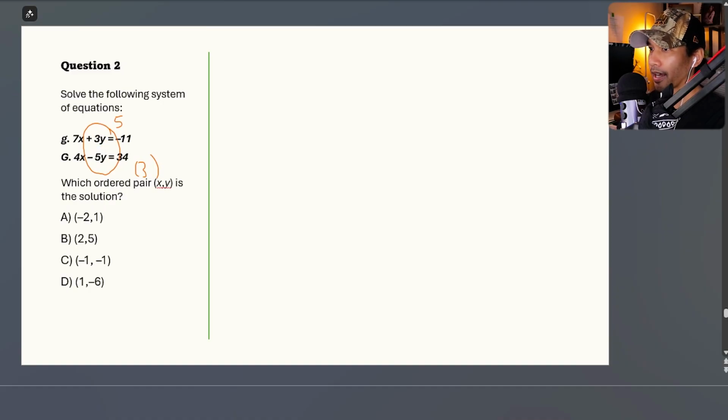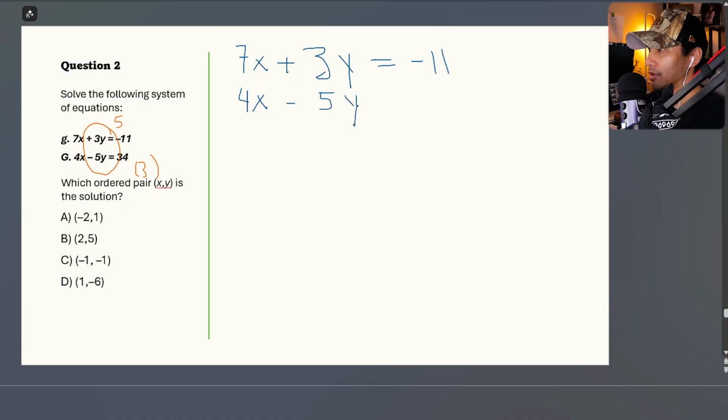So let's just work that out. Again, I would write everything down. Let's say you have some scratch paper, you're taking the test, and you have to write everything down. I don't see a situation where you could just do this all without writing the equation down all over again.